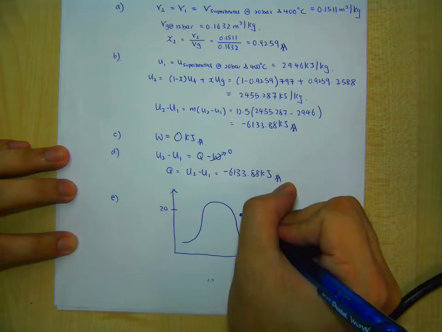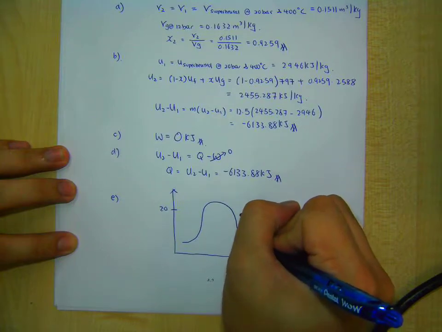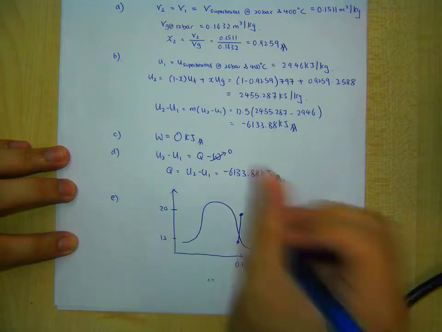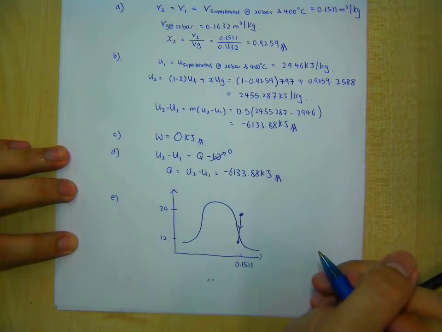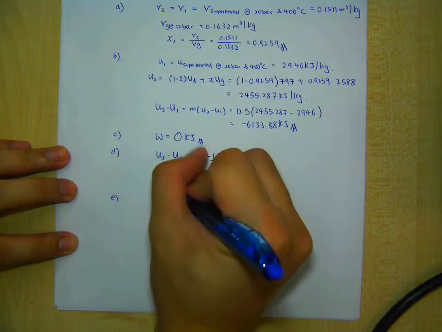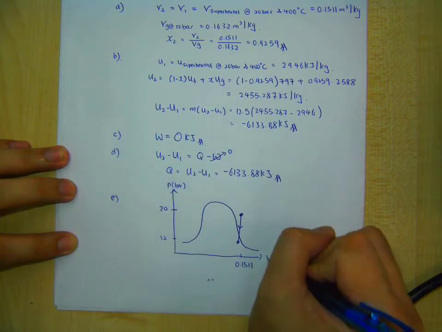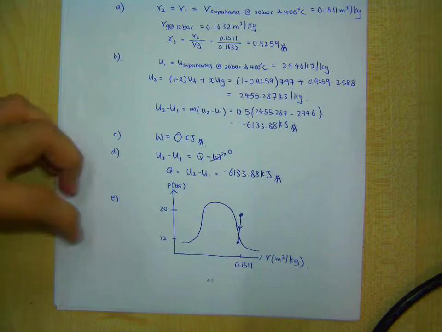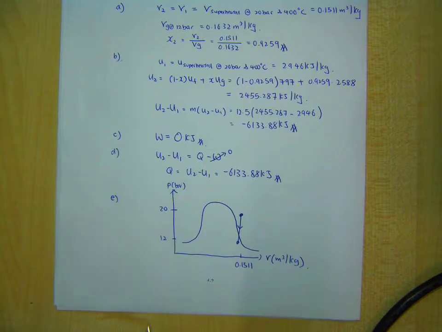Again, it will be a vertical line all the way down to here, which is 12 bar. So this will be our final PV diagram for the process.